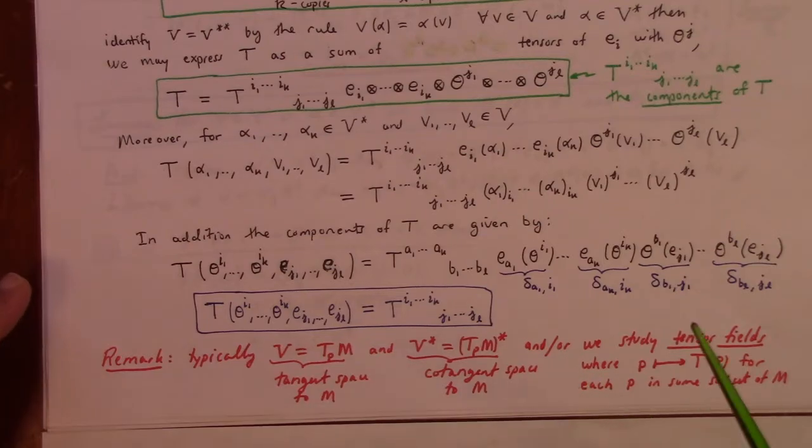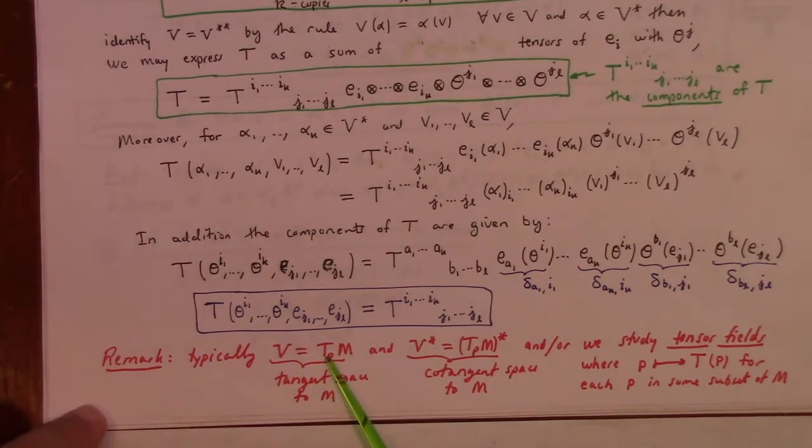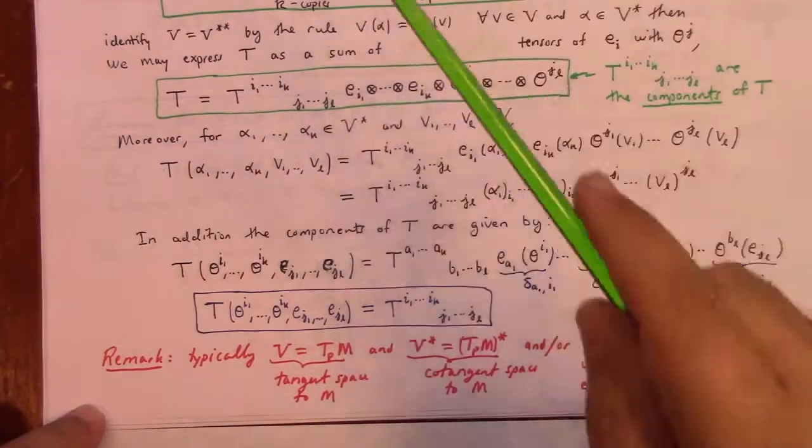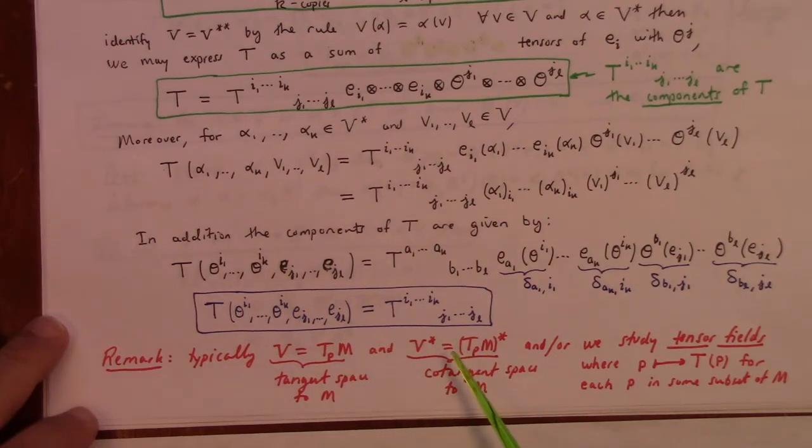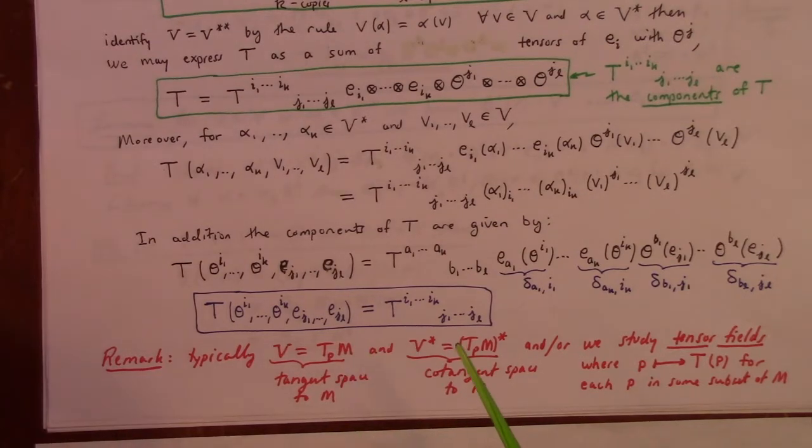So anyway, I should mention, typically, our larger application for tensors as we go on in this course is that we want to talk about the vector space being the tangent space at P to a curved space, which we'll think of as curved space-time, and the dual space will be the cotangent space to curved space-time, right? But in this lecture, for the most part, we're just thinking of M itself also as Minkowski space, so it's kind of silly in a sense, but we can think about vectors and covectors at each point in Minkowski space, right?